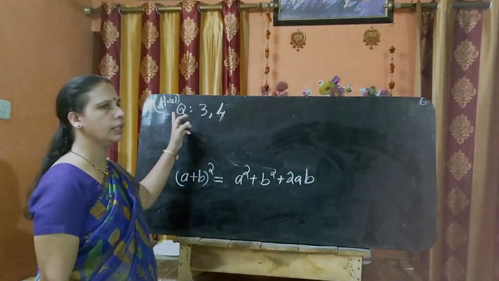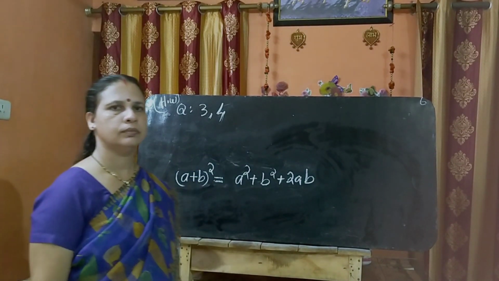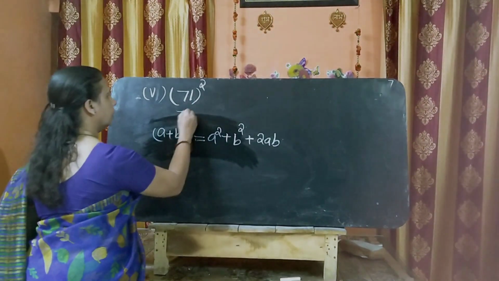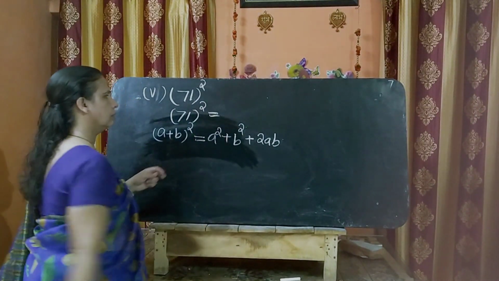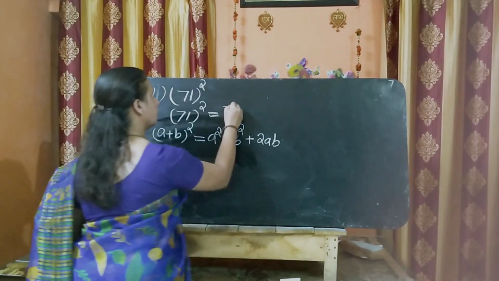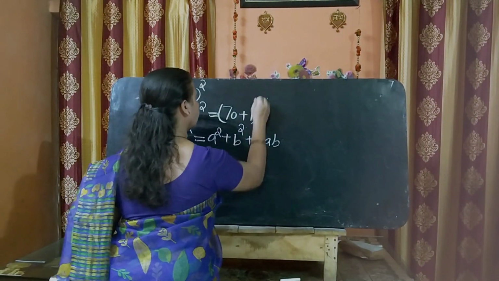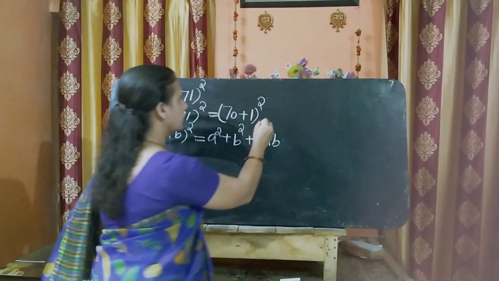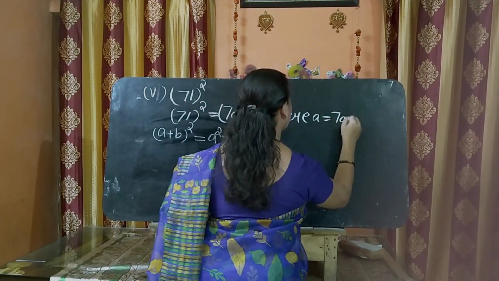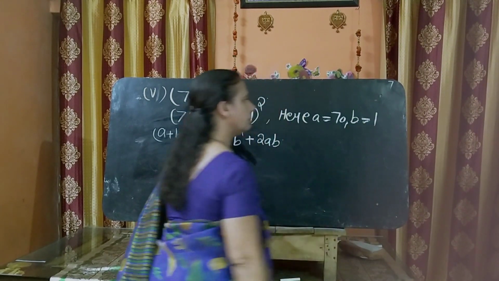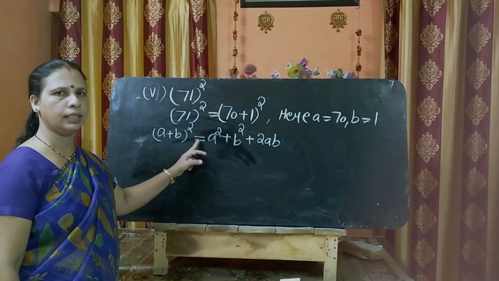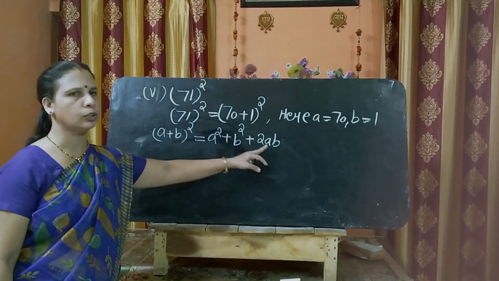Number 3rd and 4th take as homework. Fifth part is 71 square. 71 square equals 70 plus 1 the whole square. A equals 70, b equals 1. Then use the identity a plus b the whole square equals a square plus b square plus 2ab.